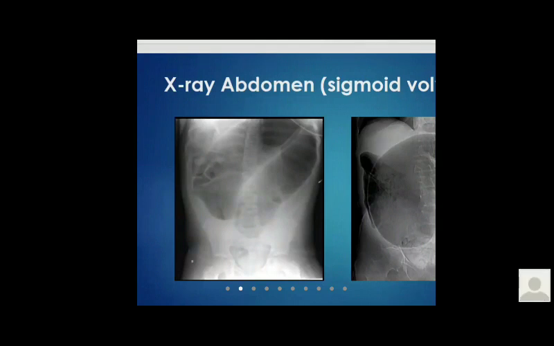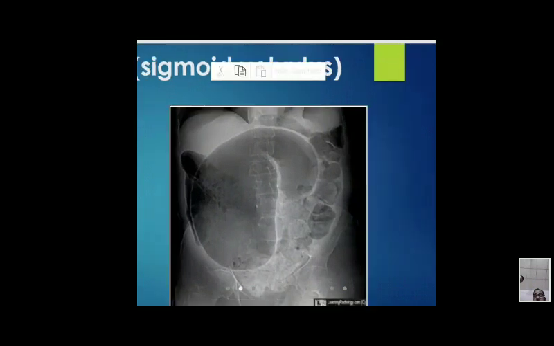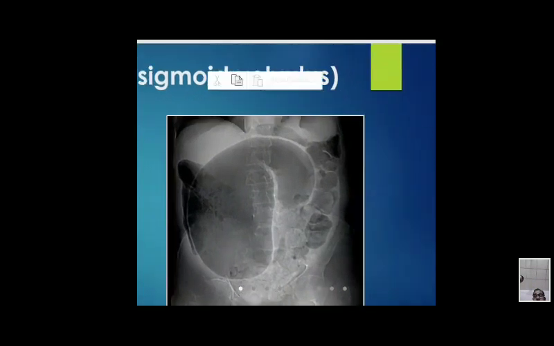So this is the X-ray of abdomen in erect posture, showing dilated loops of bowel on the left side. What do you see in that X-ray?